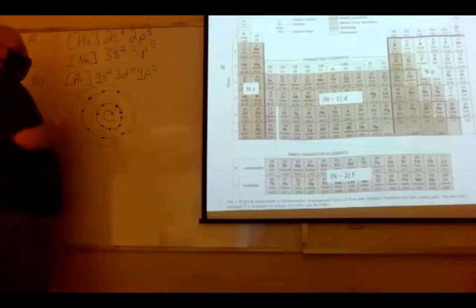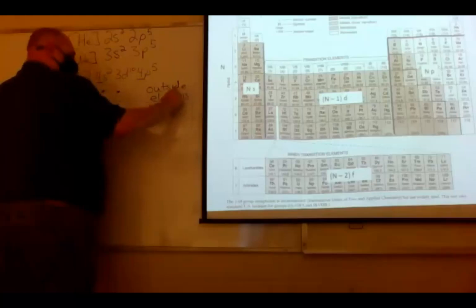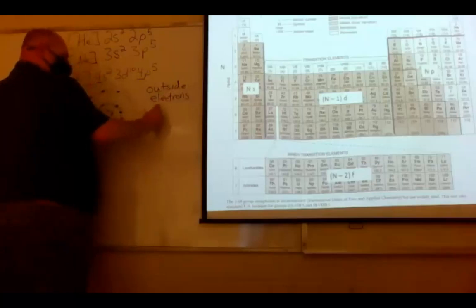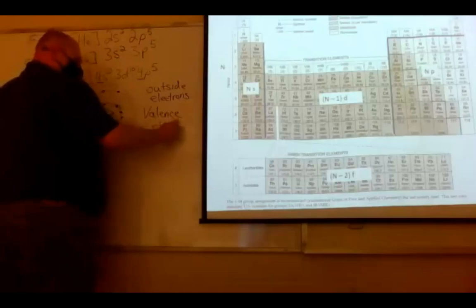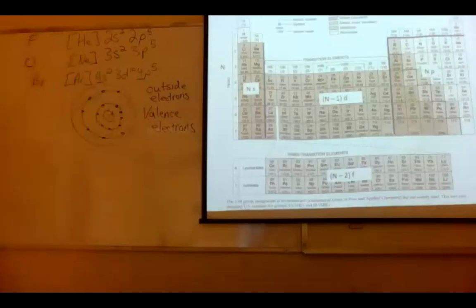That outside layer of electrons, we'll call those valence electrons. And they're really important, because that's where the reaction is, on the outside.